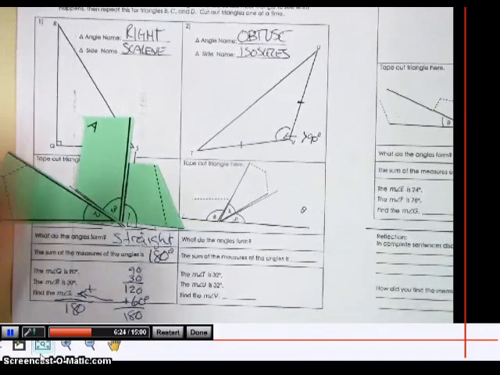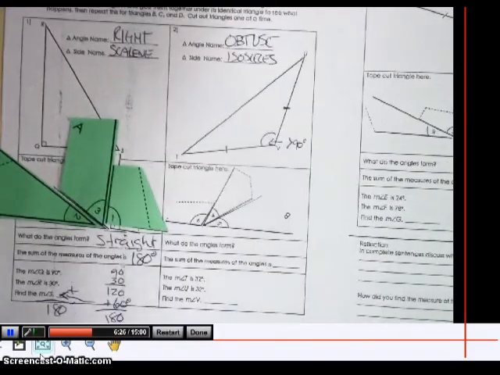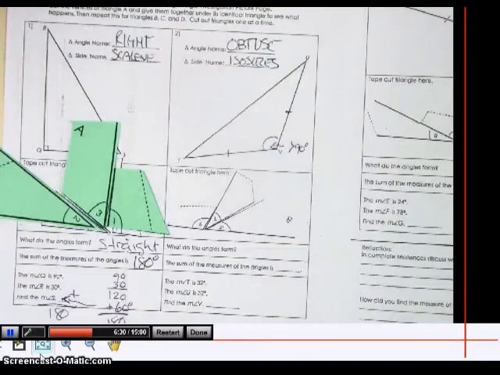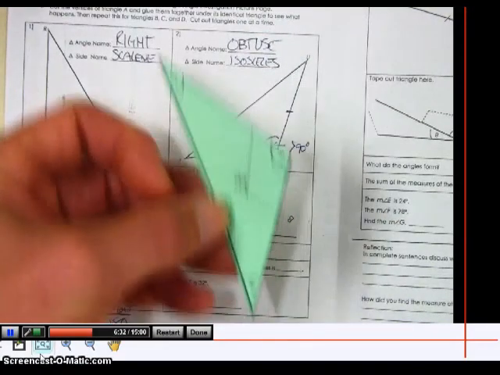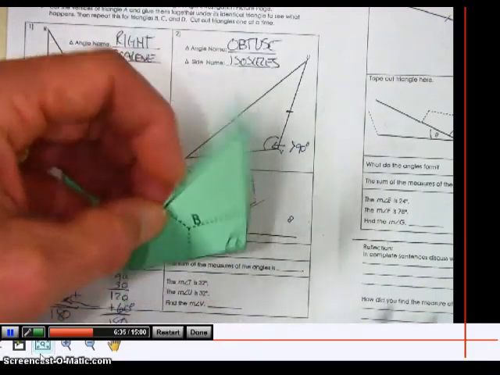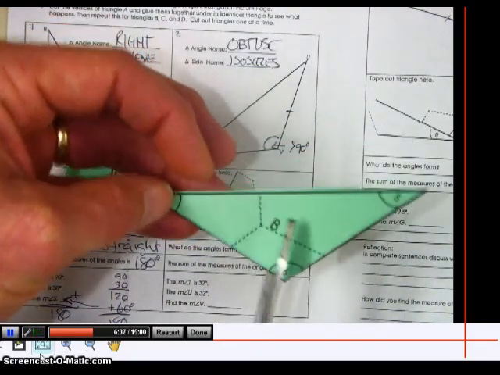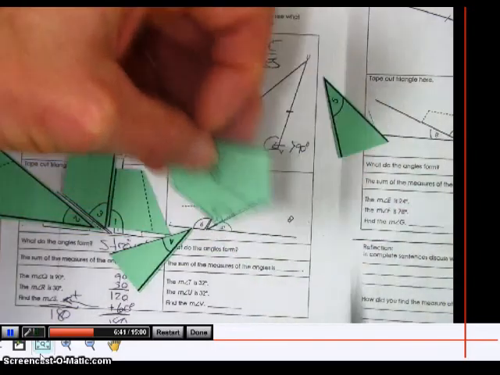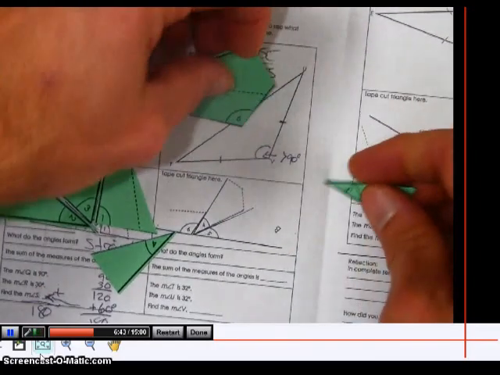All right. So let's look at the next triangle, triangle B. I'm going to take my whole intact triangle B, and I'm going to cut it up. I'll cut it like this. I'm not going to use those dotted lines, okay?